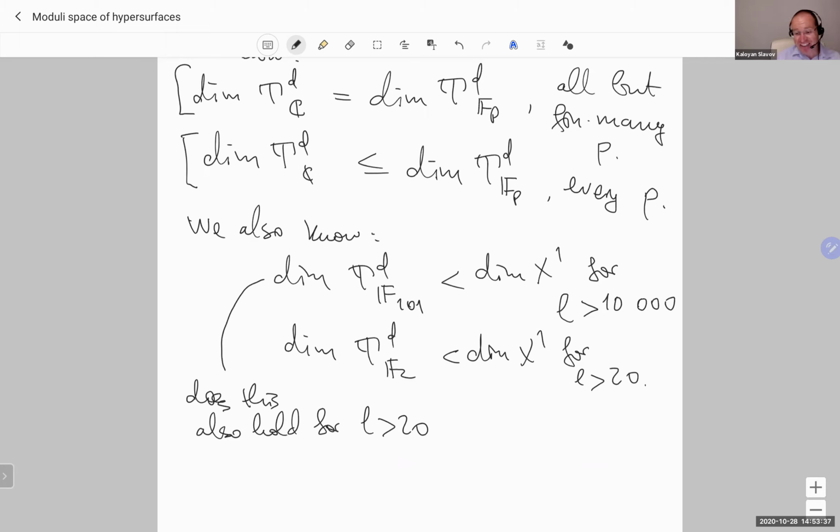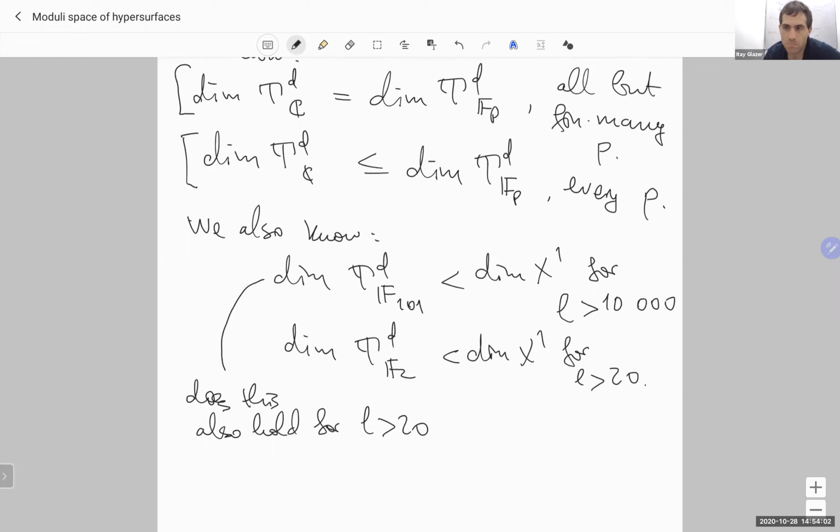I don't think the arguments would imply that. But both of them will hold for L larger than 1,000 or 10,000. Yes, I can definitely take a uniform L, if I want to. I see what you're saying.